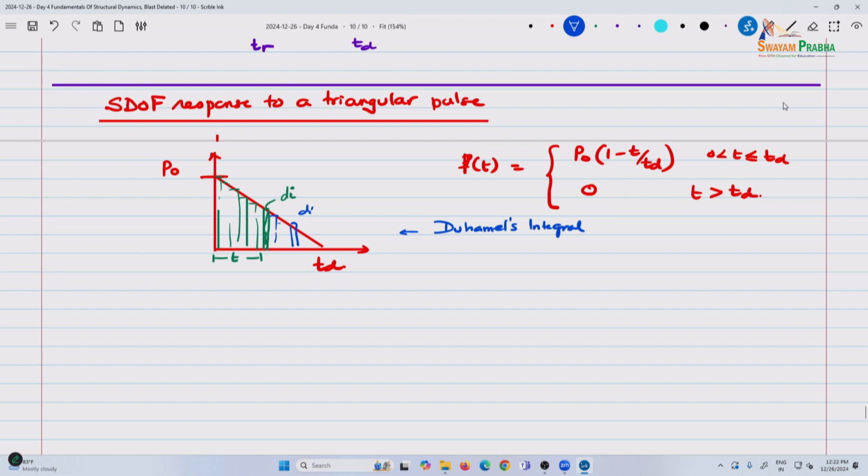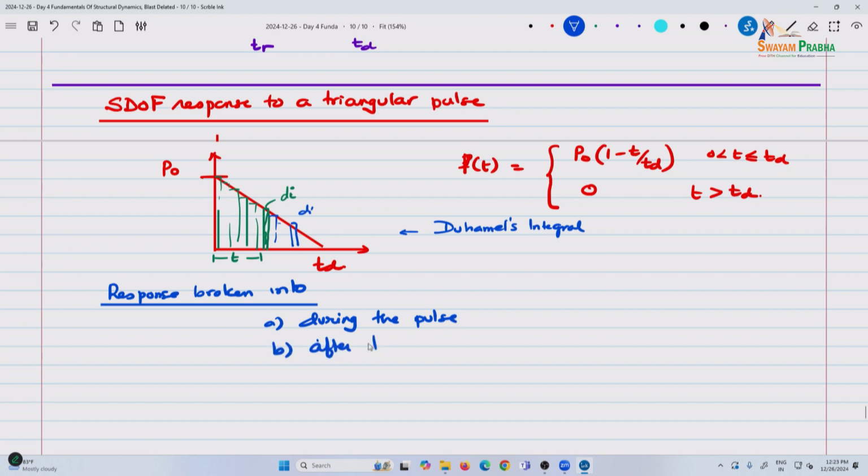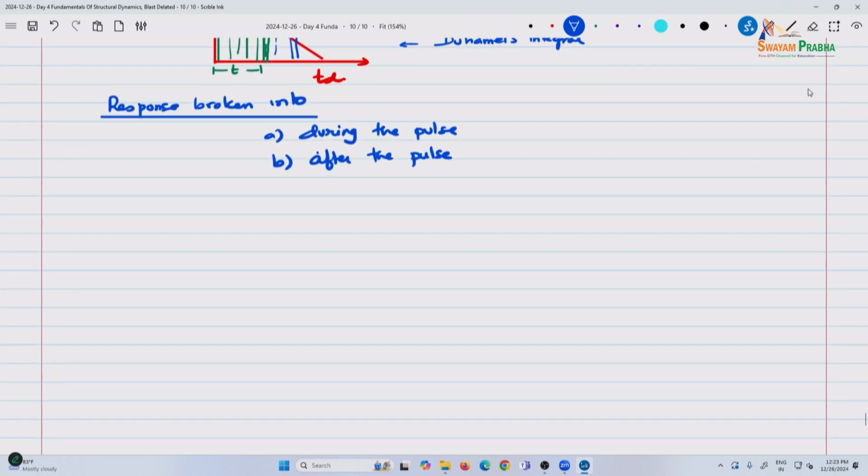So, the response now is broken into 2 parts. One during the pulse, as you have seen, and B after the pulse. For xi, we have taken zeta equal to 0, undamped, and 0 initial conditions.